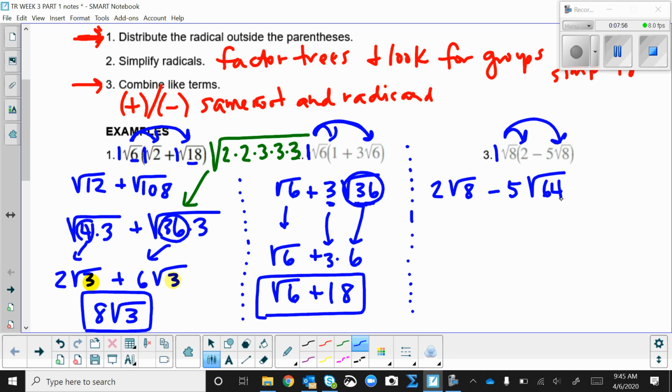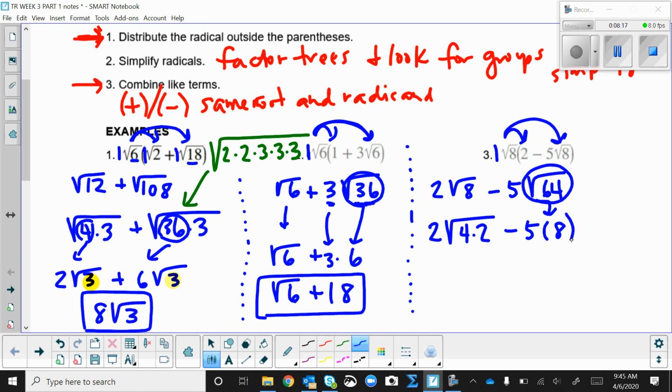Now both of these radicals can be simplified this time. 8 can be rewritten as 4 times 2, where 4 is a perfect square. And then minus 5. Now all of square root of 64 simplifies to 8. There's no radical left.